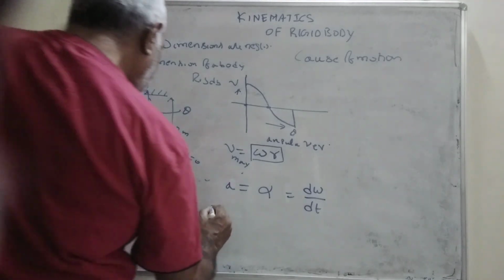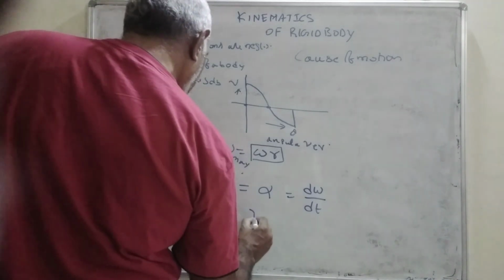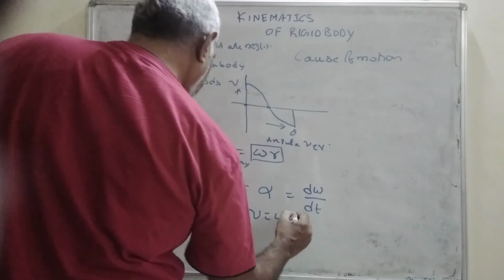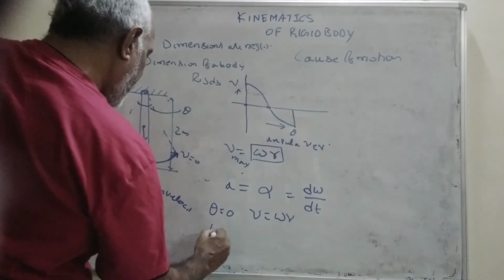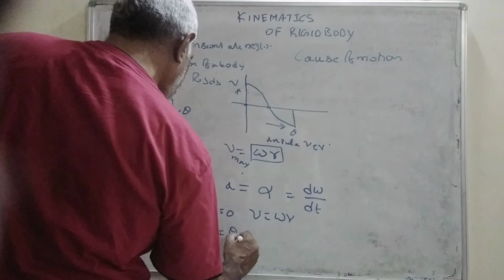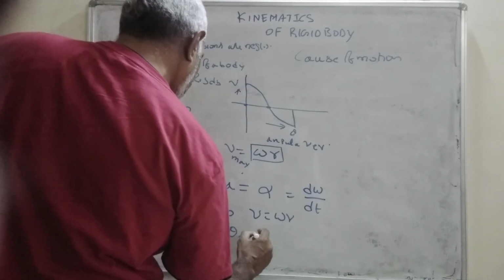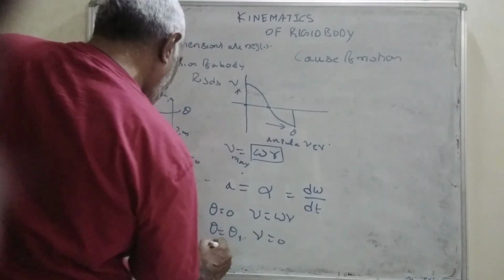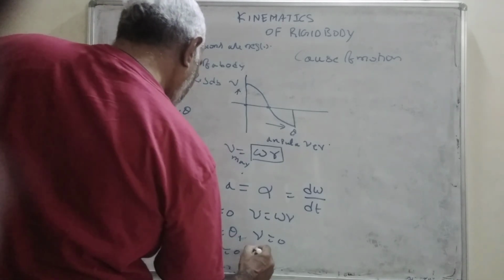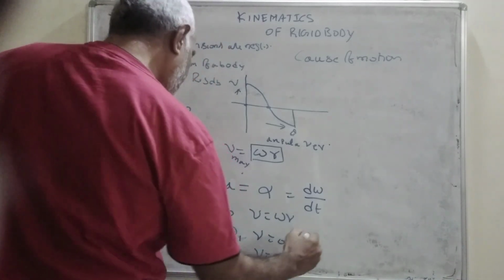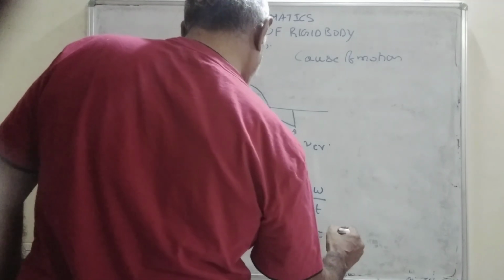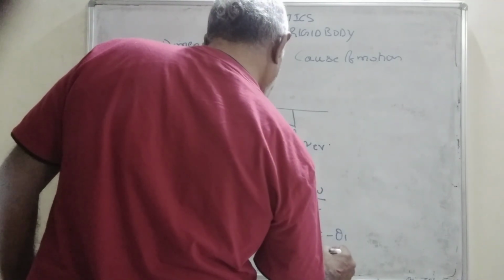At theta equal to 0, v is equal to omega r. At theta equal to theta 1, v is equal to 0. At theta equal to 0, v is equal to omega r. At theta equal to minus theta 1, v is equal to 0.